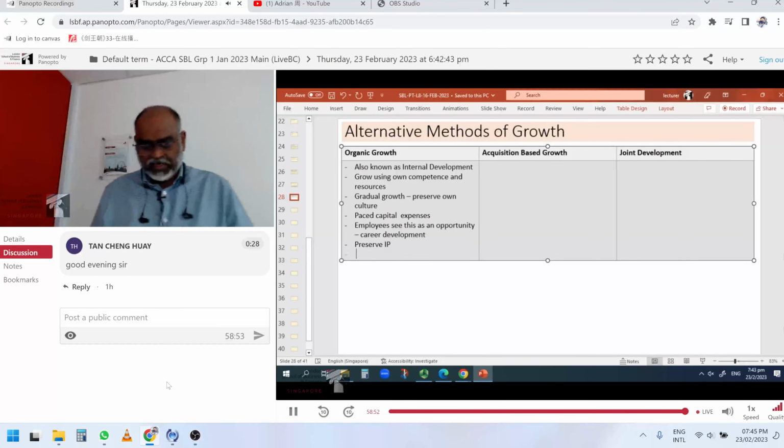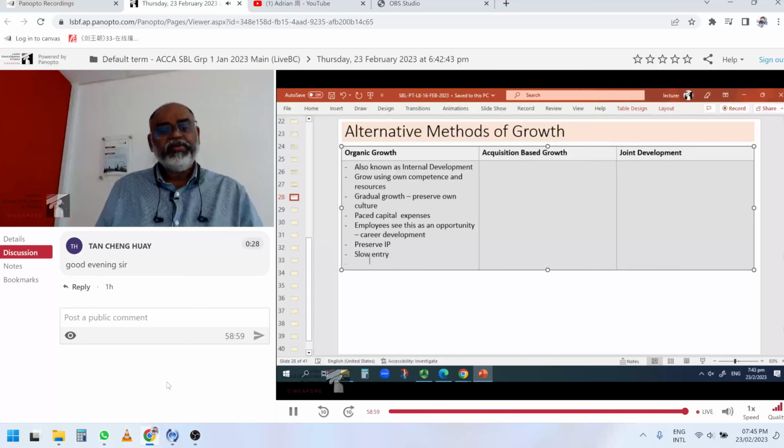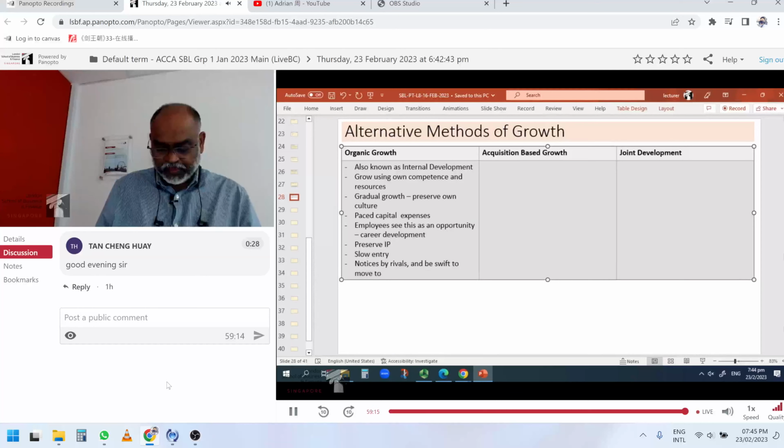But then the gradual growth will become a slow entry, and this can be noticed by rivals, and they can be swift to move to gain the advantage.